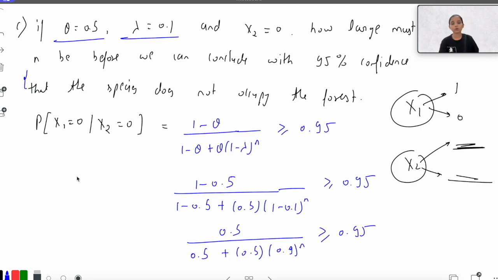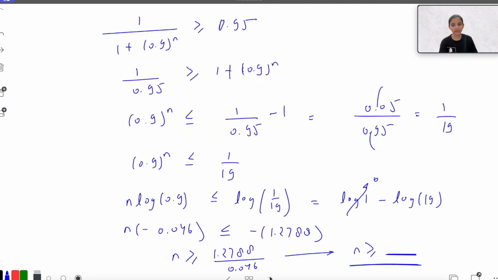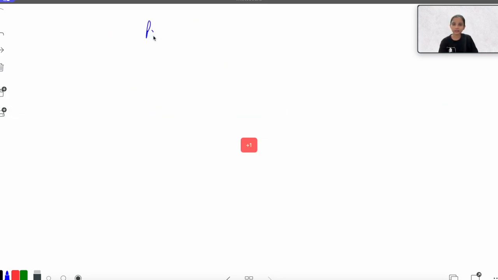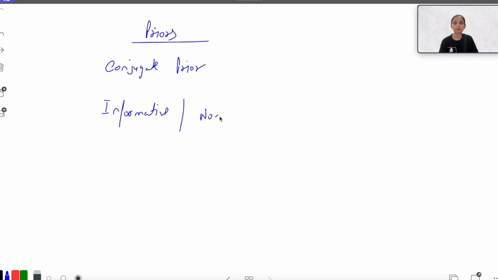So these are some problems that we have discussed in this lecture, and in the upcoming lecture we will be discussing priors. There are certain types of priors like conjugate prior, informative prior, non-informative prior, uniform prior, all these kinds of things.